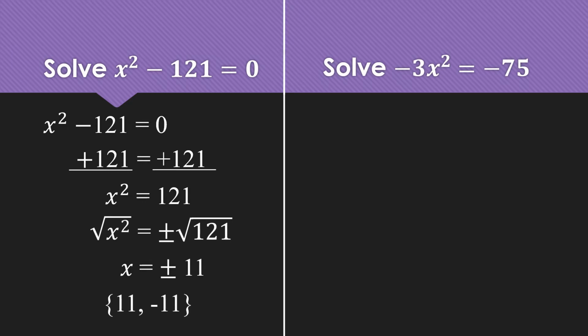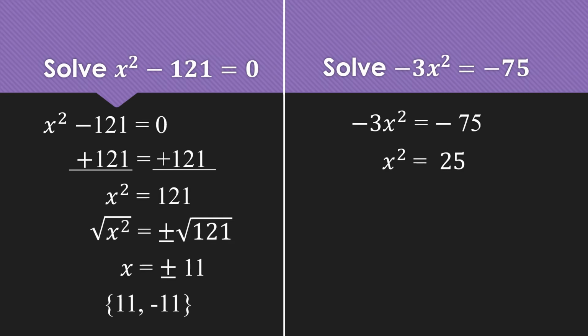If we now have a coefficient on x squared, negative 3, we have to solve this one in another way. So to solve negative 3x squared equals negative 75, we want to first divide both sides by negative 3, which results in x squared is equal to 25. So now we want to know what x is.